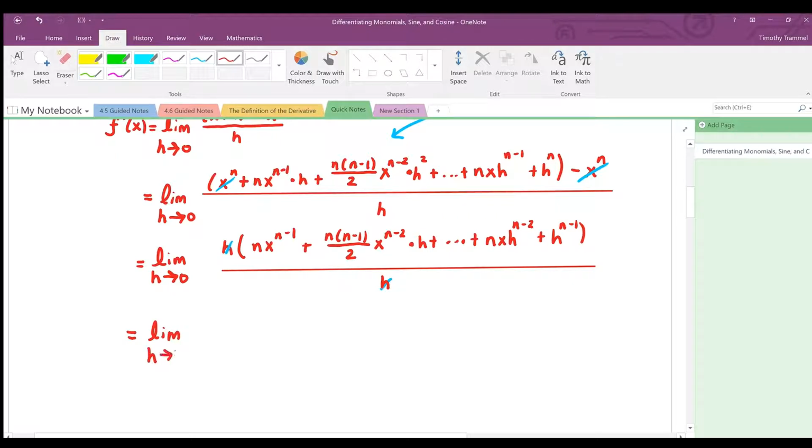I can actually break this into two limits if I want, right? If we have the limit of a sum, we can split up that sum and take the limit of each of the two parts separately. So let's do that with the n x to the n minus 1, and then with the rest of the terms.